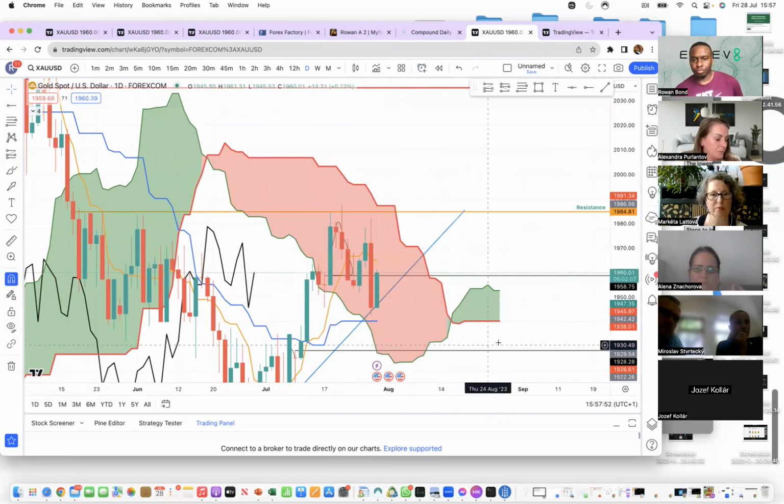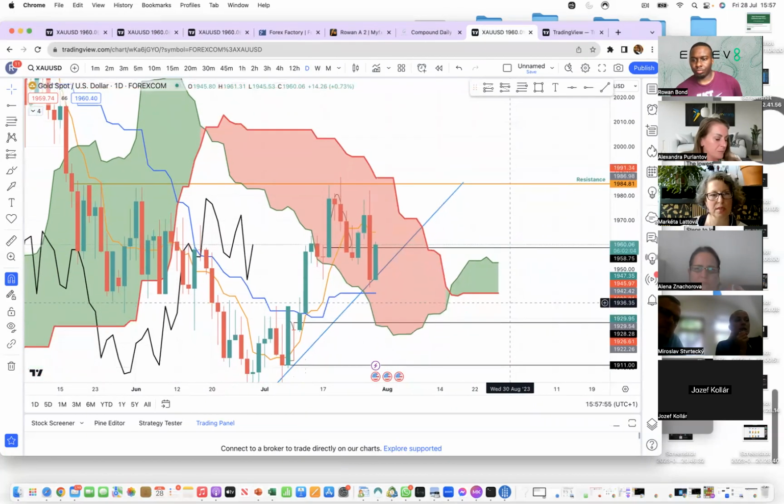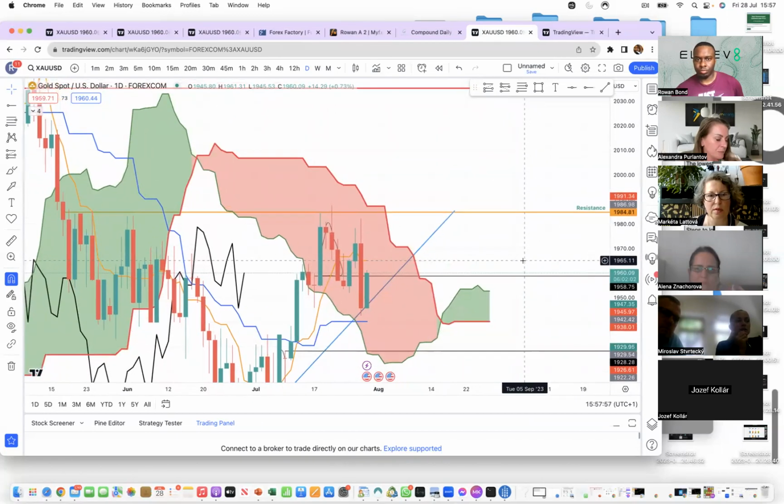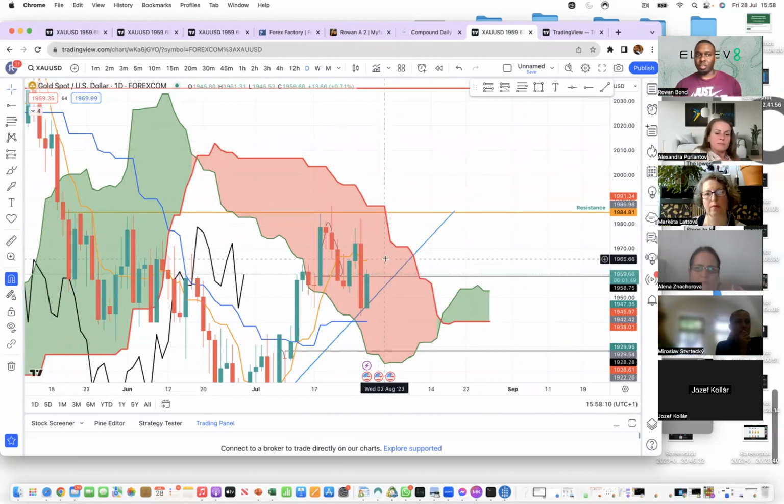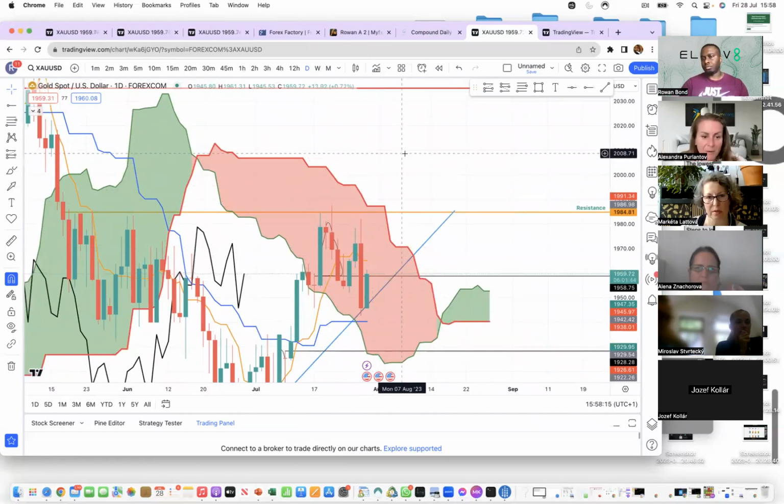But I'm not interested today in this one because it's not close to it, and it may take another 2 weeks for price to get up to these zones here.